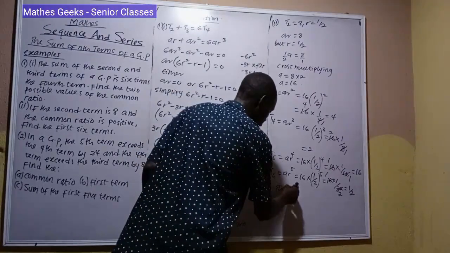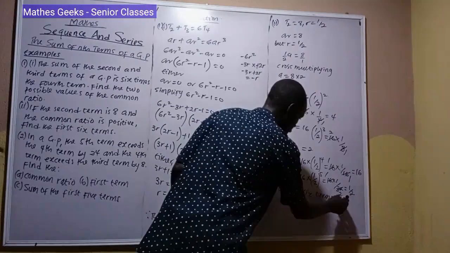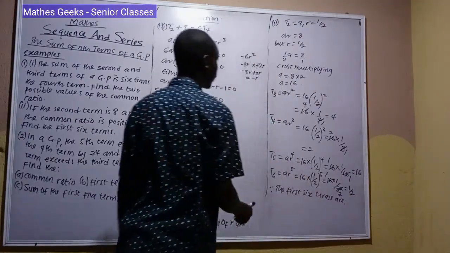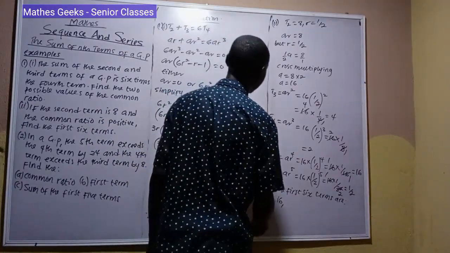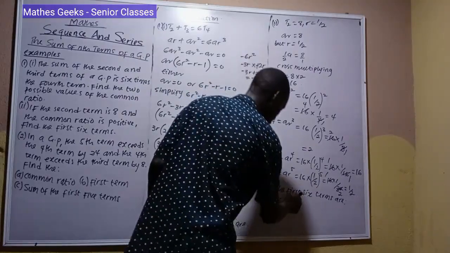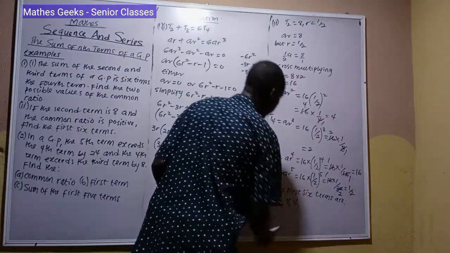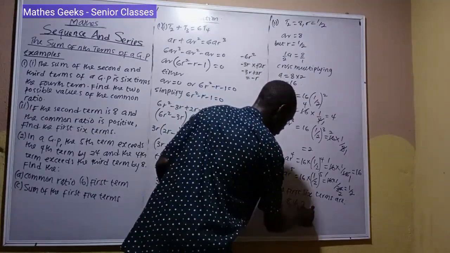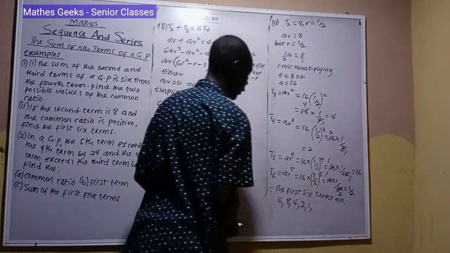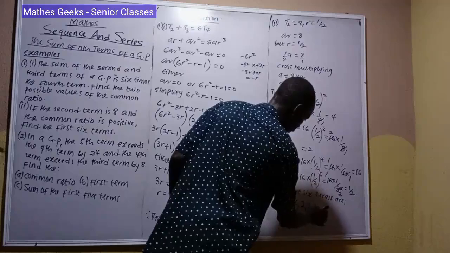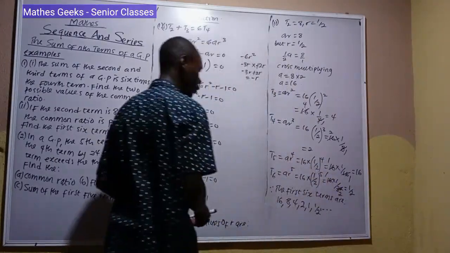The first 6 terms are: the first term is 16, second term C2 is 8, C3 is 4, C4 is 2, C5 is 1, C6 is 1 over 2. These are the first 6 terms of the GP.